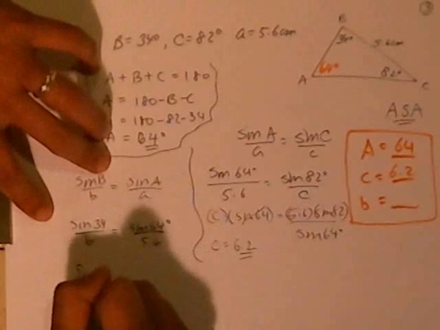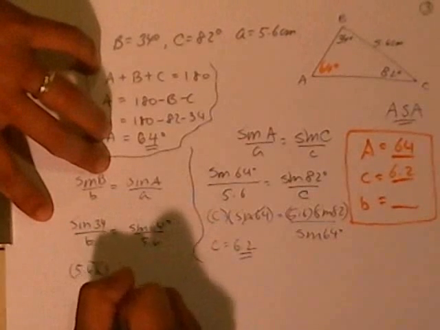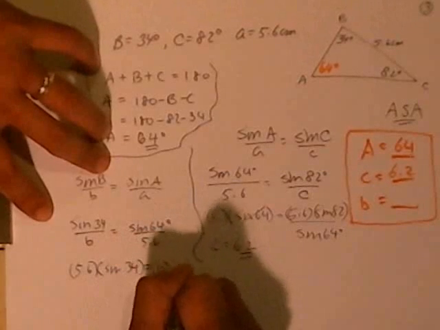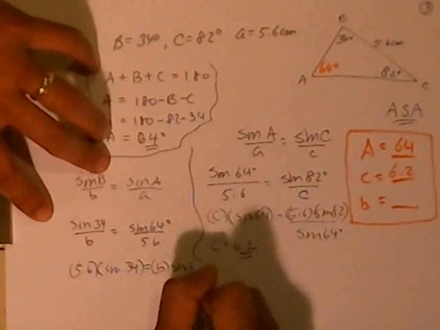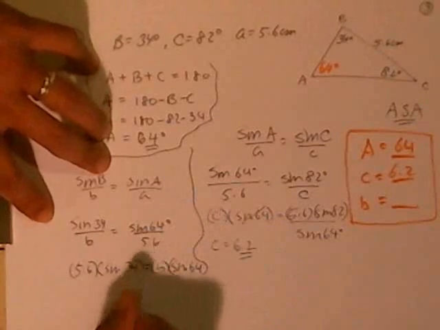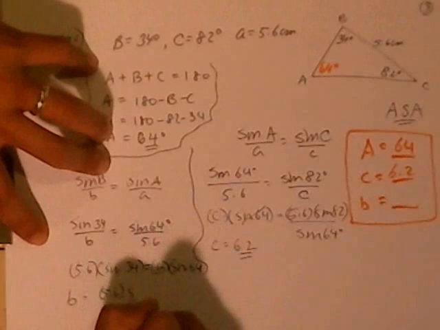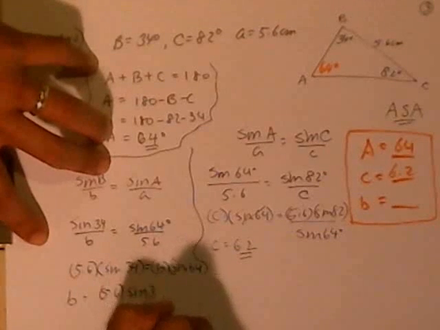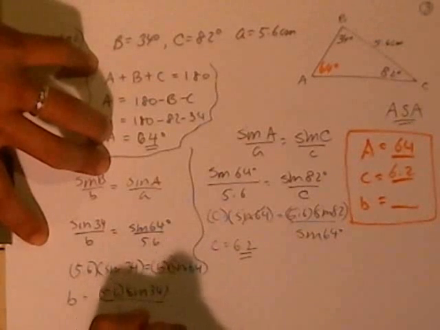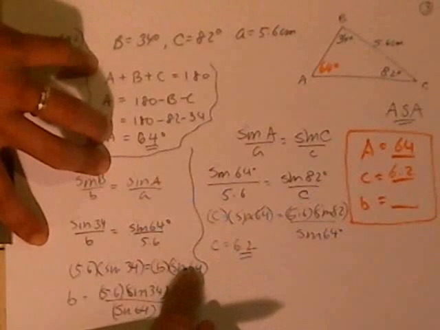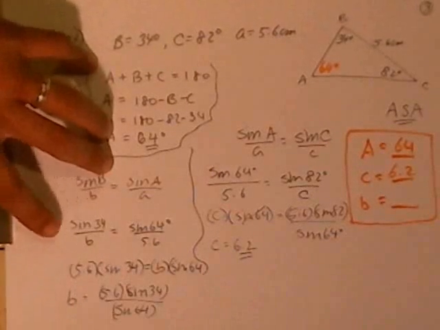Yes. 5.6 times the sine of 34 is equal to b times the sine of 64. And so for b, it's 5.6 times the sine of 34 divided by sine of 64. To solve for b, we divide by the sine of 64 to the side.